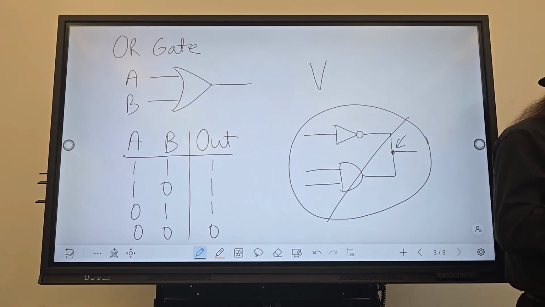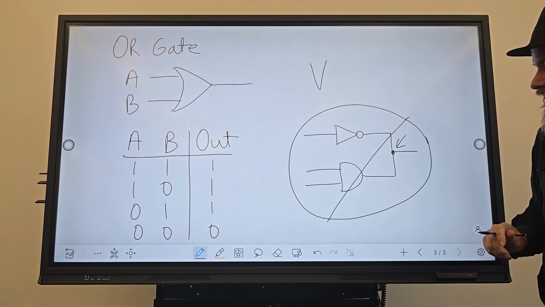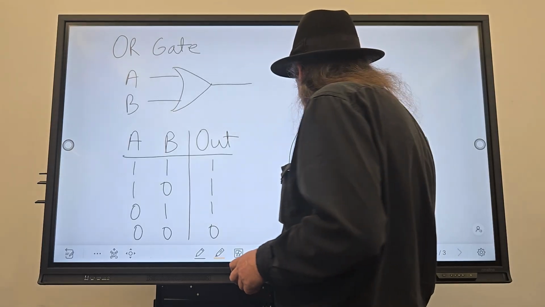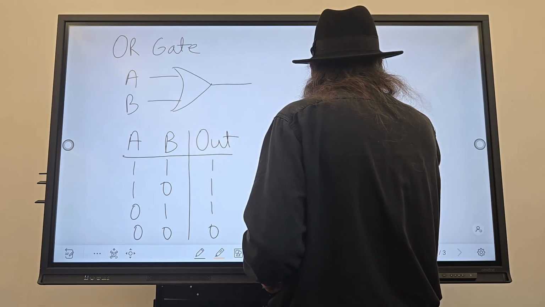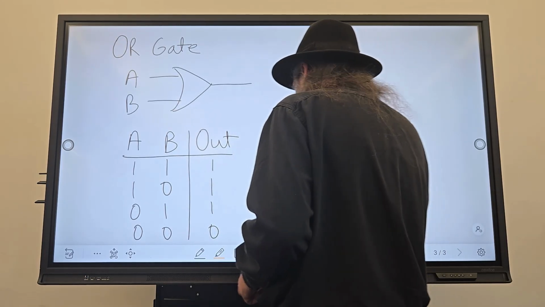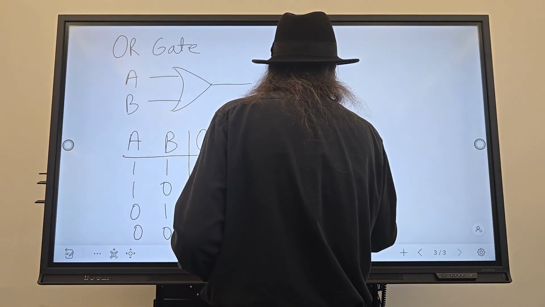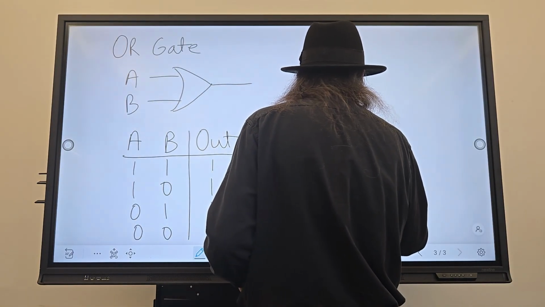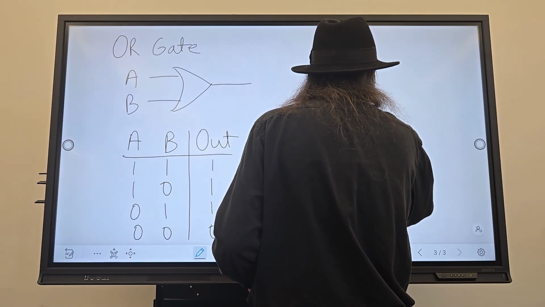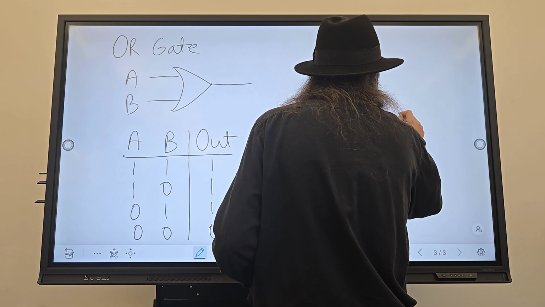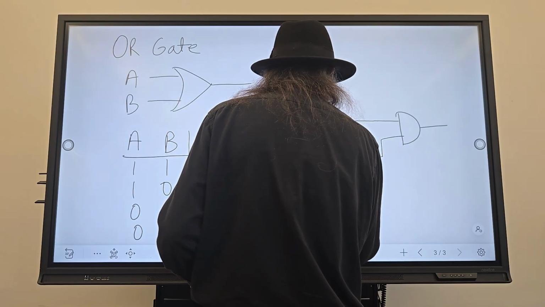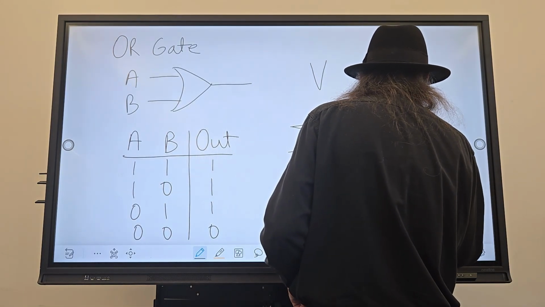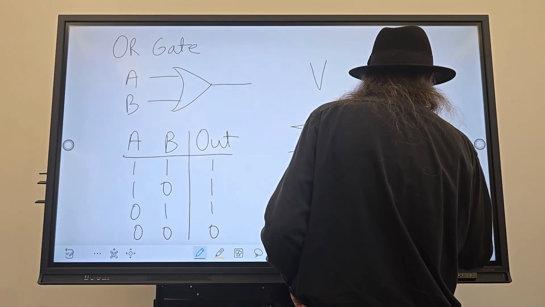A single input wire may be split partway and used as an input for more than one gate. So you can have one output feeding 2 inputs.